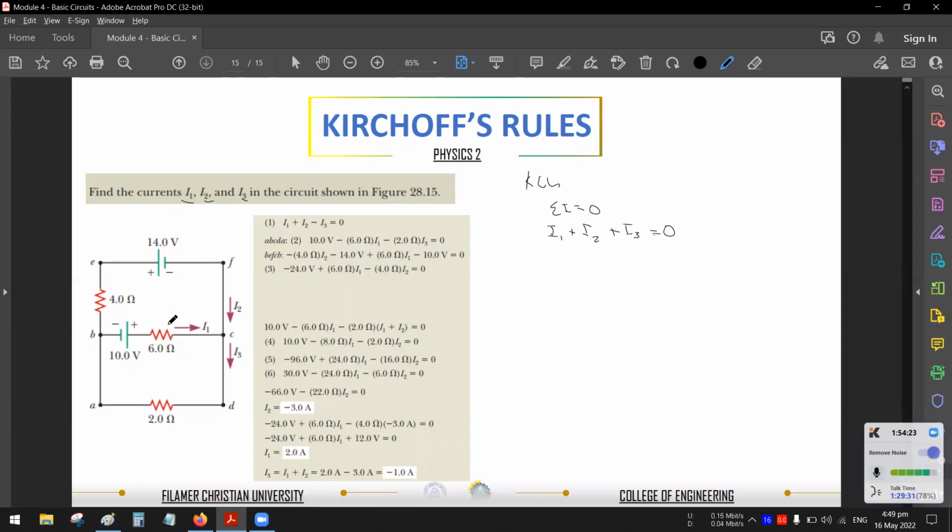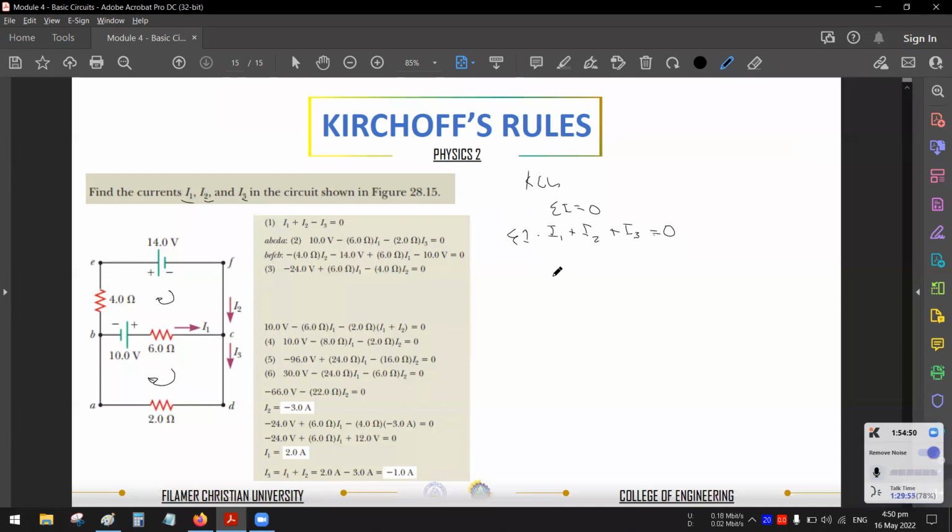Clockwise tayo, and then apply natin yung KVL. Okay, magki-KVL tayo sa first loop, and magki-KVL din tayo sa second loop in a clockwise direction. So, ito yung equation 1 natin.